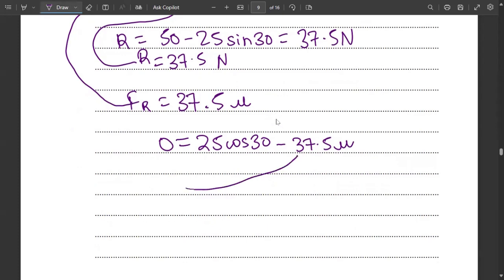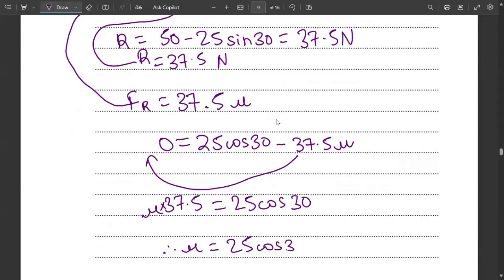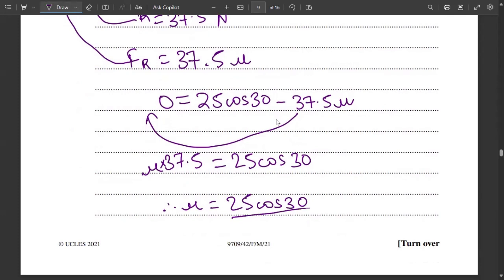Therefore, 37.5 mu is equal to 25 cos 30. Therefore, mu is equal to 25 cos 30 upon 37.5. If I put this in the calculator, 25 cos 30 upon 37.5, the answer is root 3 upon 3.